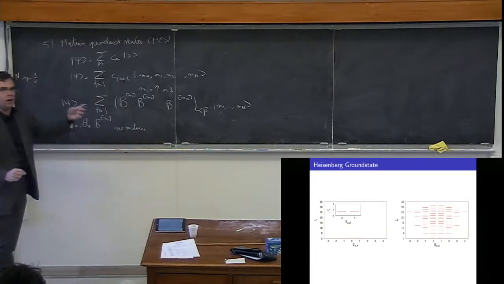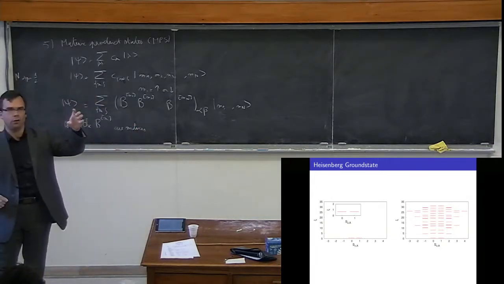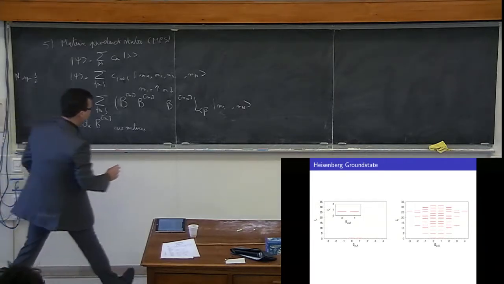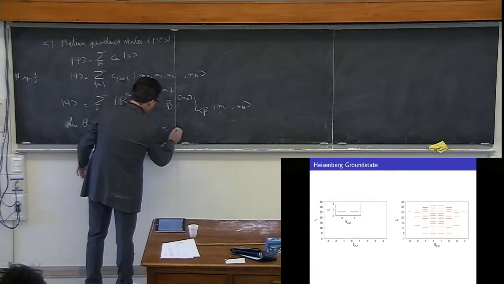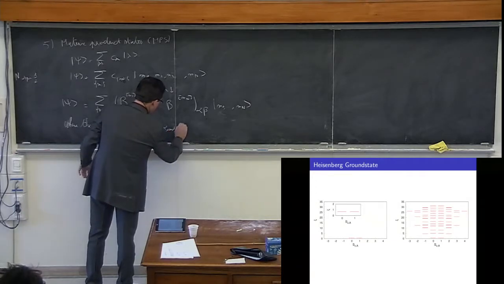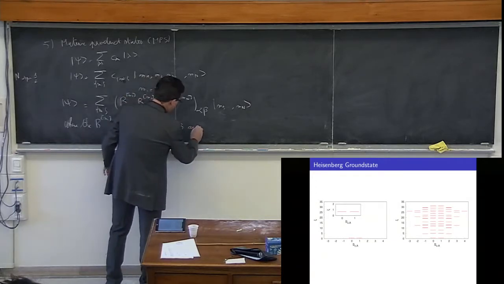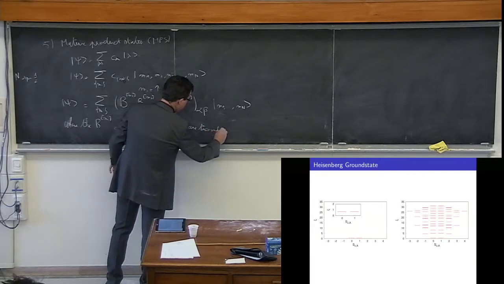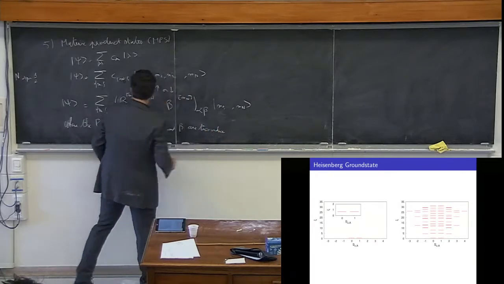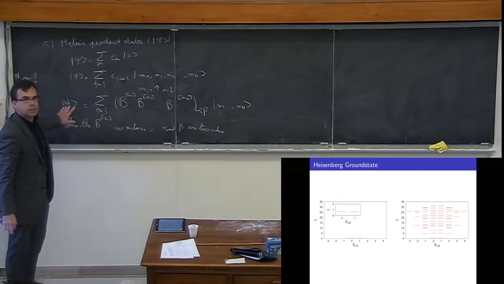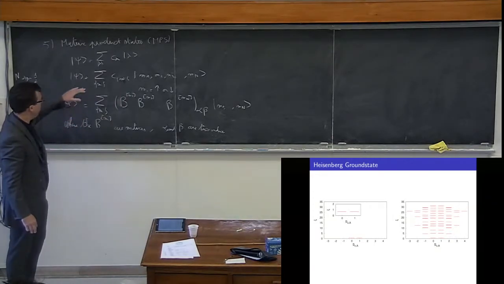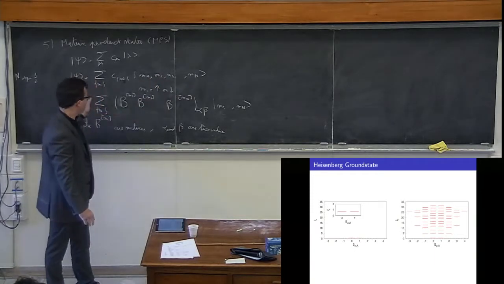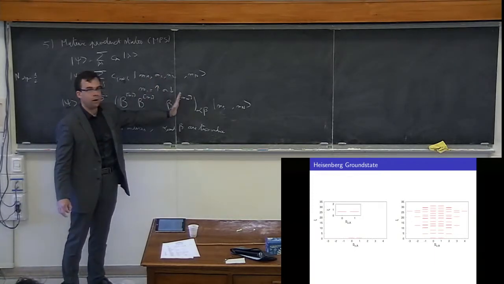For each site, I need to define a matrix for up and a matrix for down. They have two indices. So for any state, I can always rewrite my decomposition onto this many-body basis as a product of matrices.